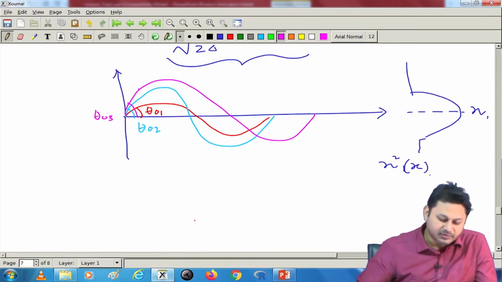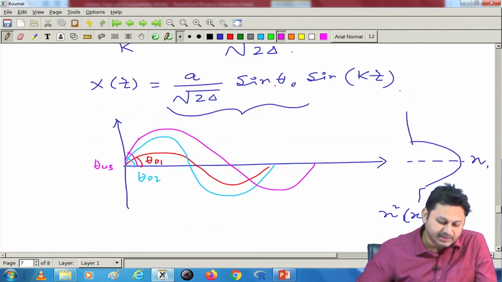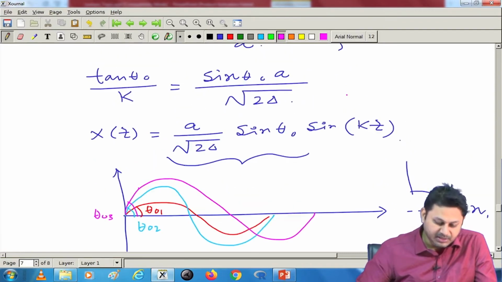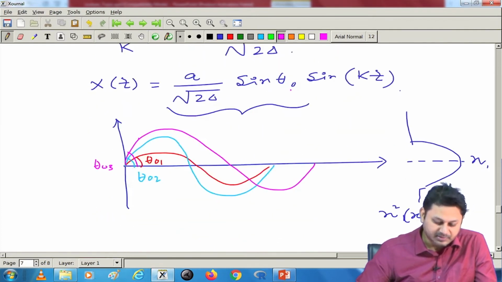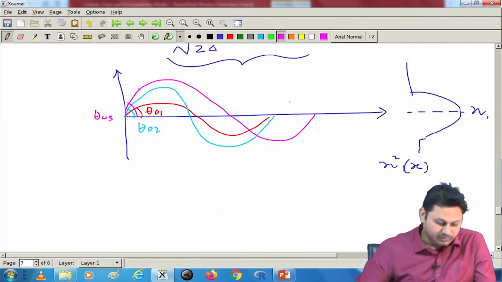The amplitude will also change, because in the amplitude I have sin theta 0. So, if theta 0 1 is less than theta 0 2, then this amplitude is small compared to that one, and also inside the period I have a value, because k involves cos theta 0. So, that should also play a role in the period. That we need to find out.